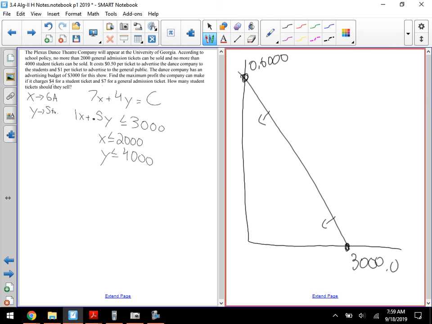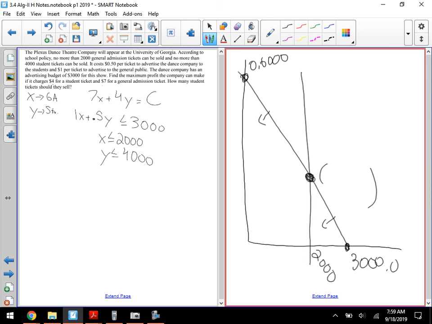And then it's just a matter of plotting our horizontal and verticals. So your vertical is at 2,000. Remember, when that 2,000 goes vertical, the x value remains constant at 2,000.